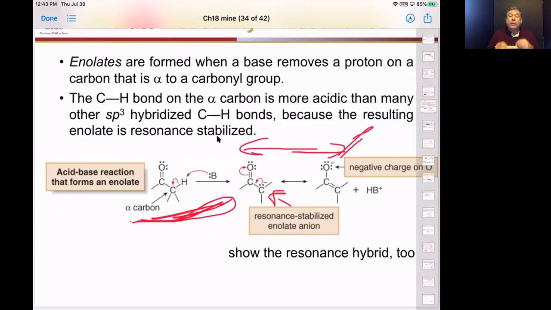Now, when that negative charge on carbon creates a new carbon-carbon bond, that's a very irreversible bond, and therefore most of the products we see from reactants with enolates are new carbon-carbon bonds formed at that alpha carbon. That's the third most important thing about chapter 18.